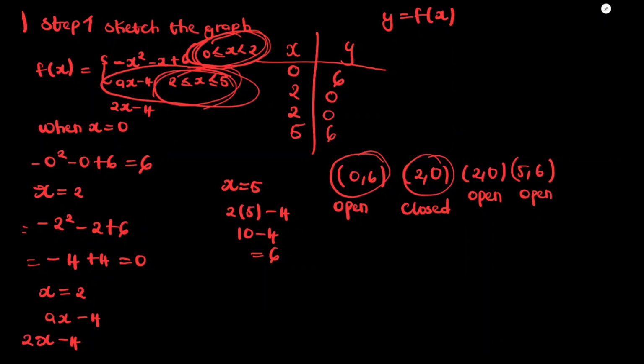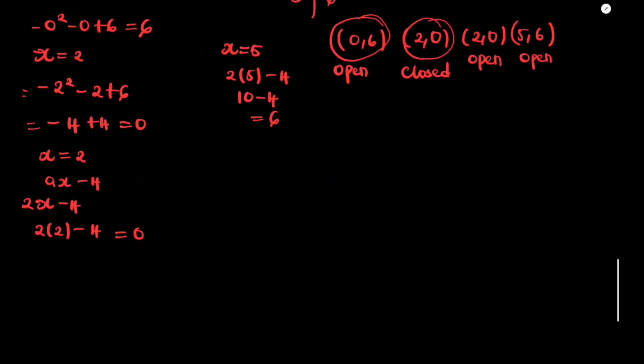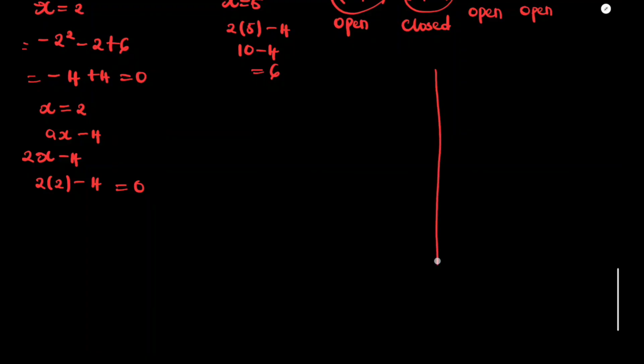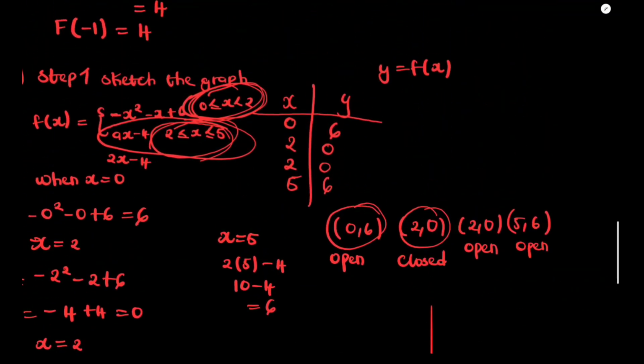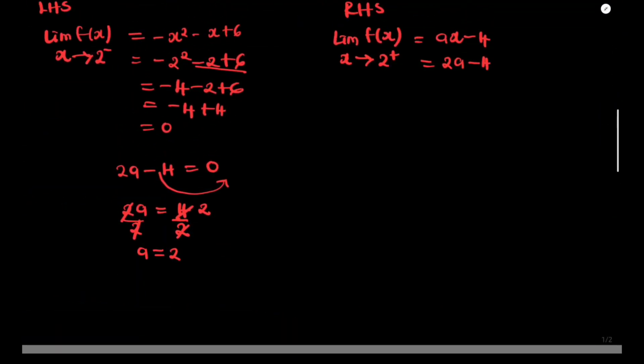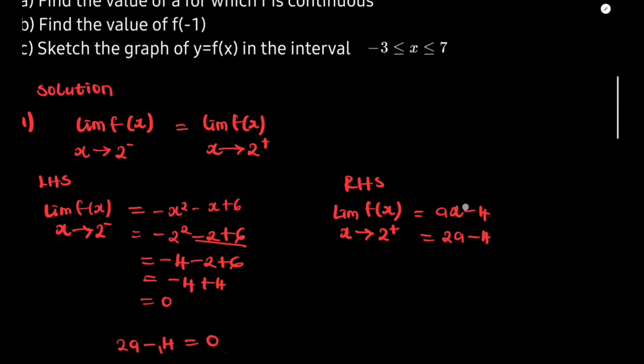From here we can plot our graph, because now we know our coordinates and we know which is open and which is closed. So let's plot the graph. In the question, we are asked to sketch the graph of y equals f of x in the interval.